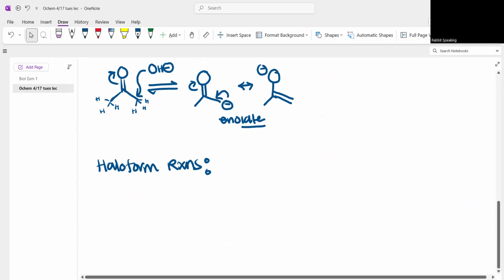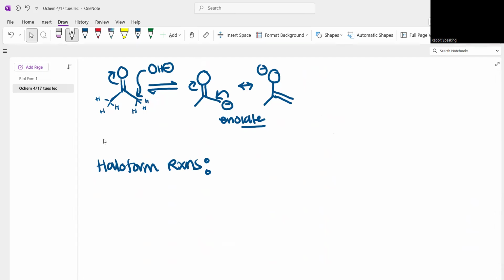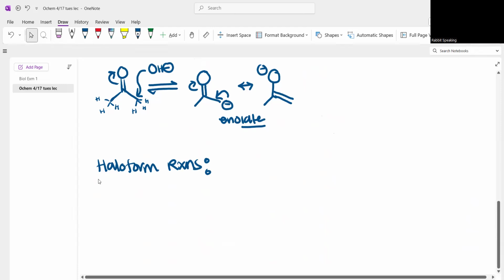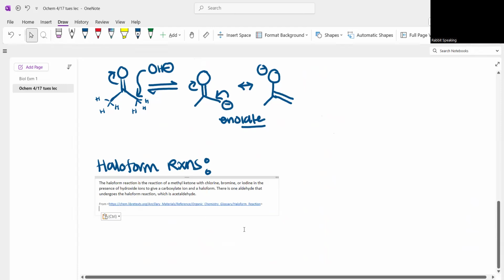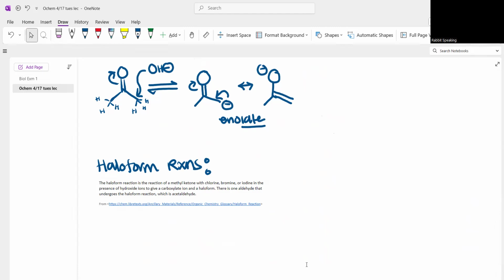Okay, so I will go through the mechanism. First, I'll copy and paste the definition of what it is. Let's see how it works.